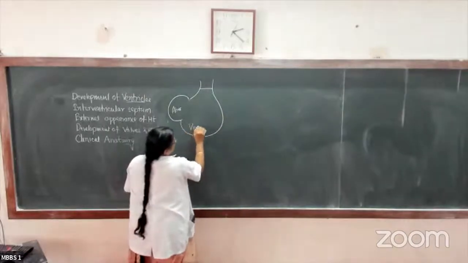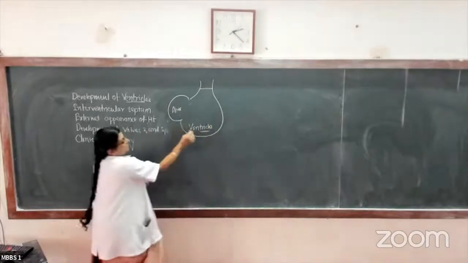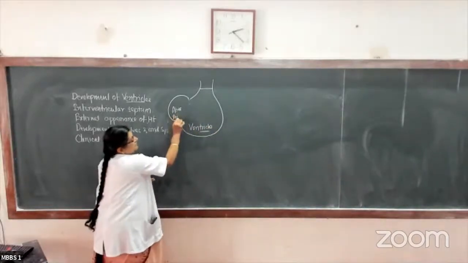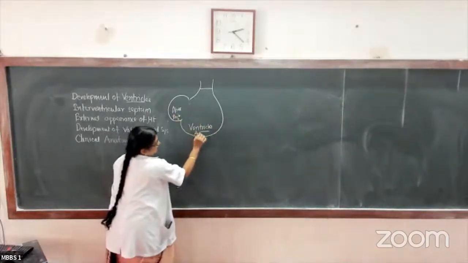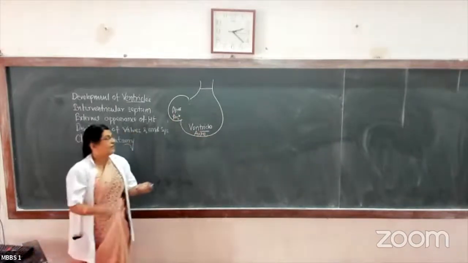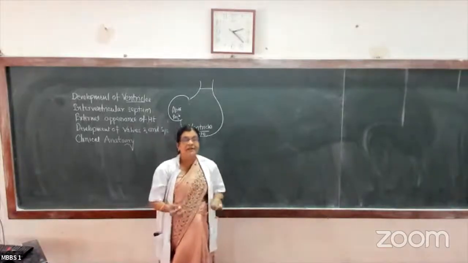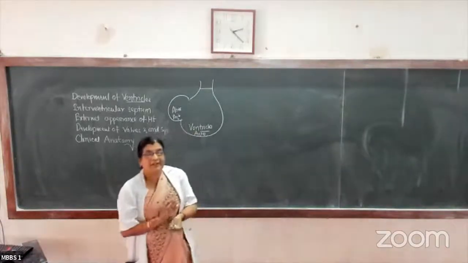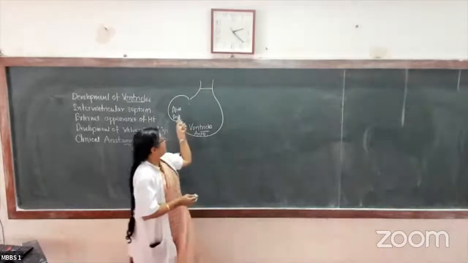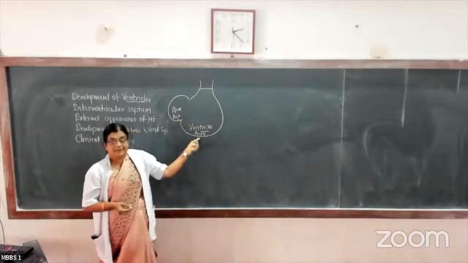These are ventricle. Okay? Atrium posteriorly and ventricles are anteriorly. See, up to 12th standard you must have learned that atria are above the ventricles, but actually in final position they are not exactly above, but they are posterior to the superior part of the ventricles.